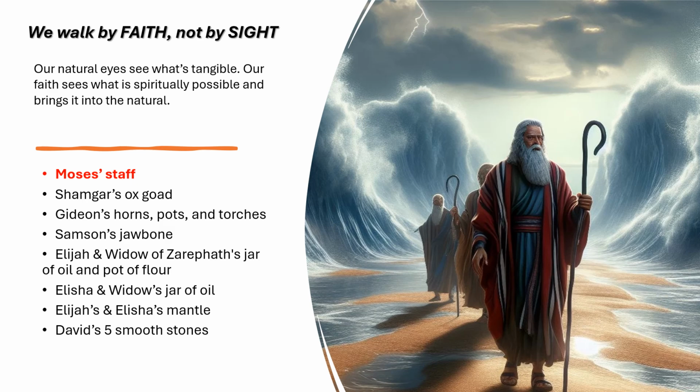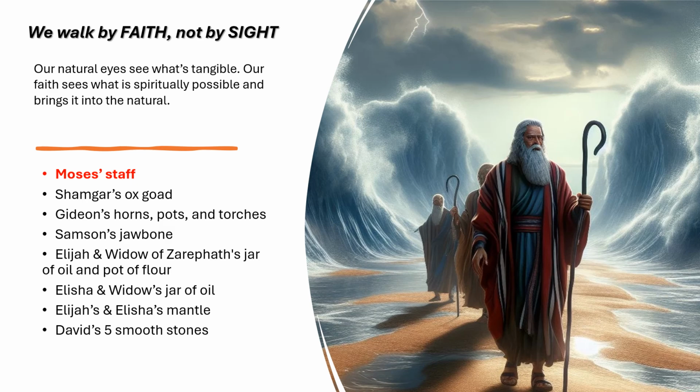For example, Moses' staff. His eyes saw only a piece of wood, but his faith saw the tool that God had given him to be able to perform miracles, like parting the Red Sea or bringing water out of a rock.